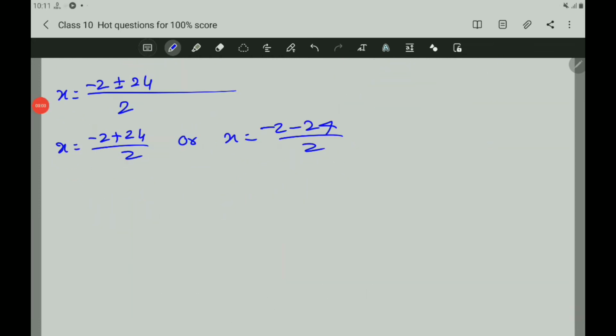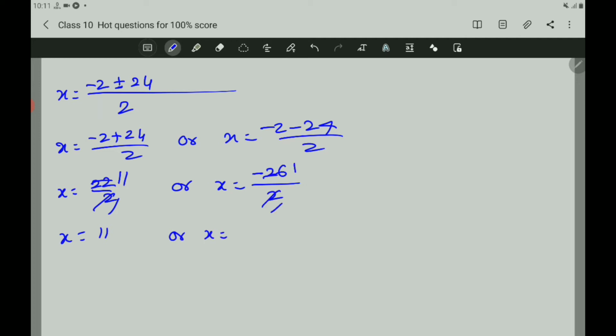Then it becomes x equals 24 minus 2, that is 22 by 2, or x equals minus 2 minus 24, you add and take the negative sign, minus 26 by 2. Then you get x equals 2 11s are 22, so x equals 11, or x equals minus 13. As usual you take this one.